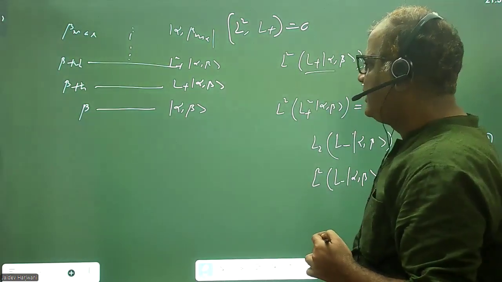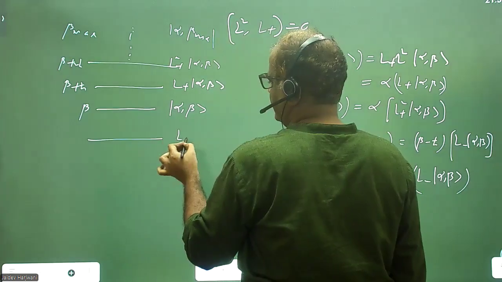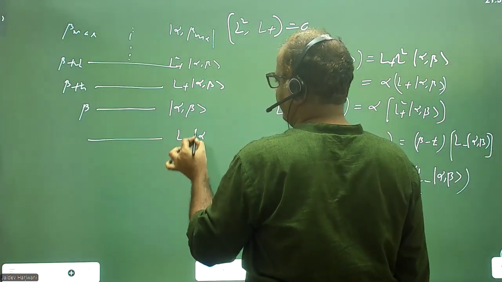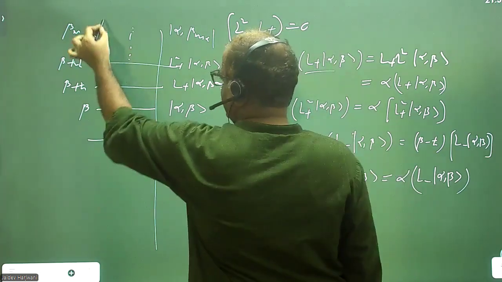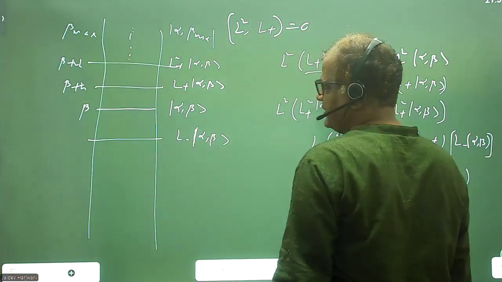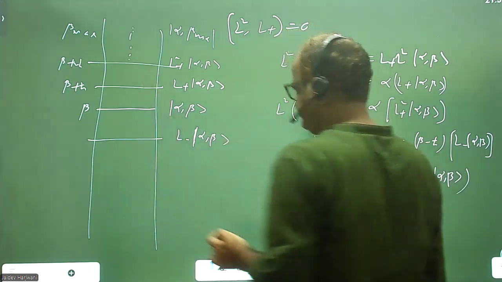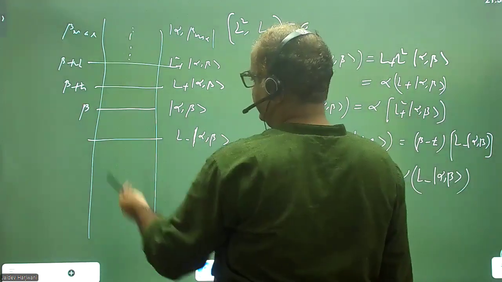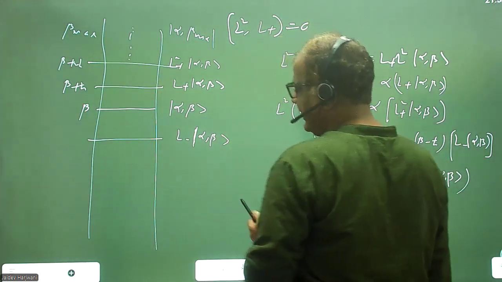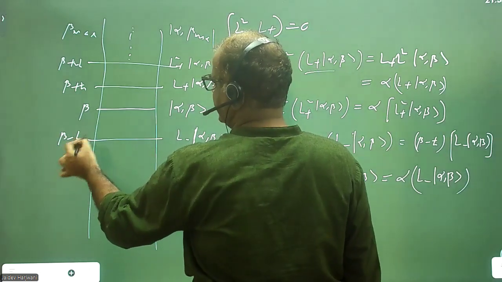Okay. Similarly, if I operate on this state alpha beta, this is like a chair, this is like a ladder. Now if I operate Lz on this state, I get beta minus h cut.